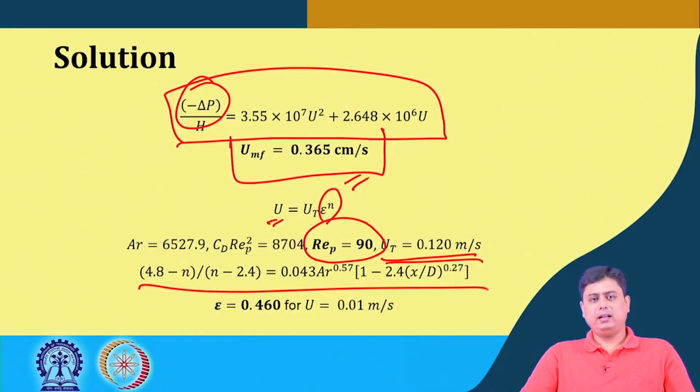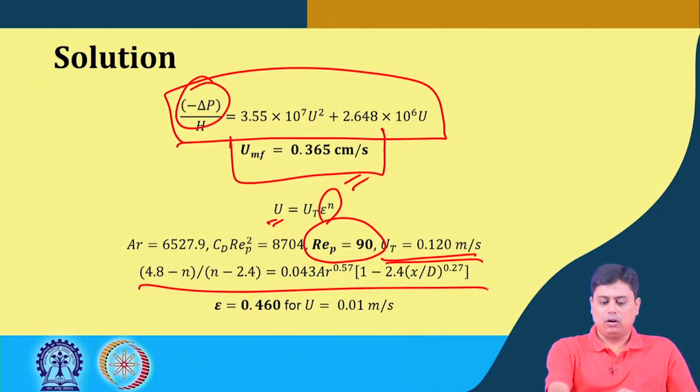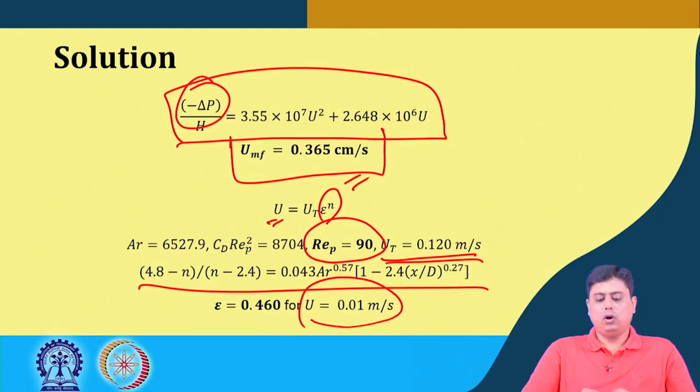If we apply that, for this u of 0.01 meter per second, or which is 1 centimeter per second, we get the value as 0.46.